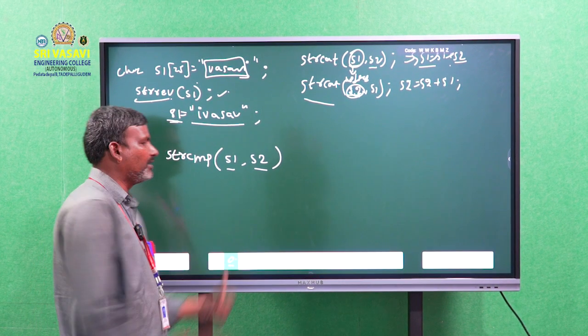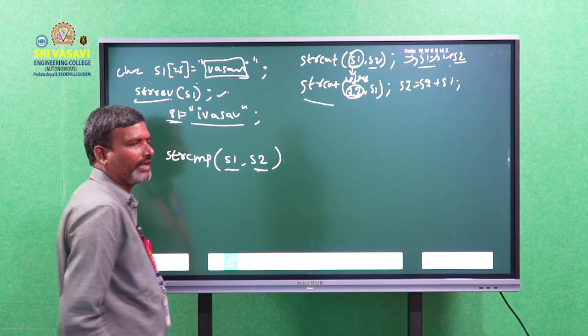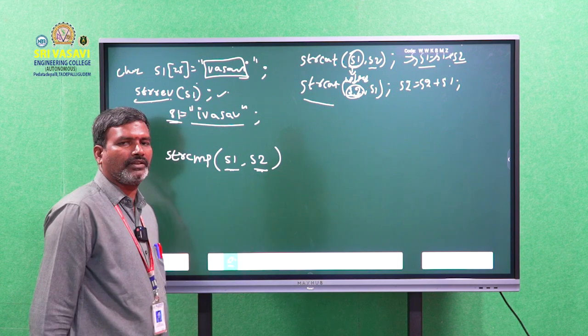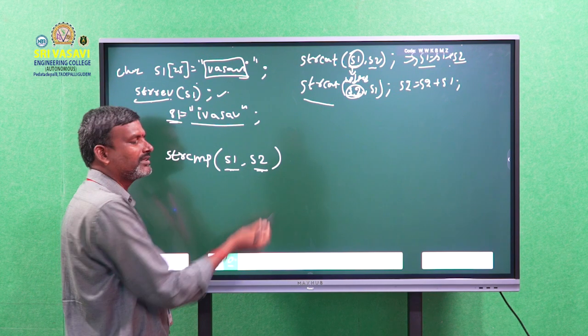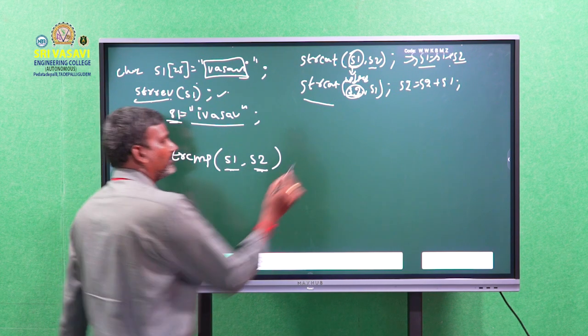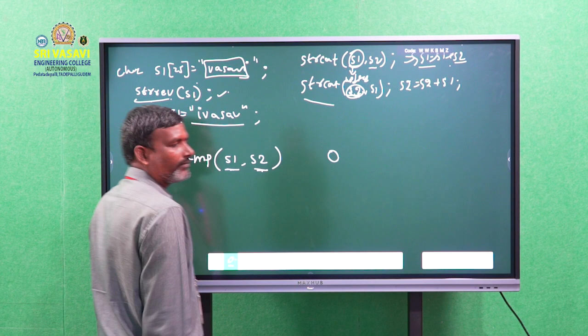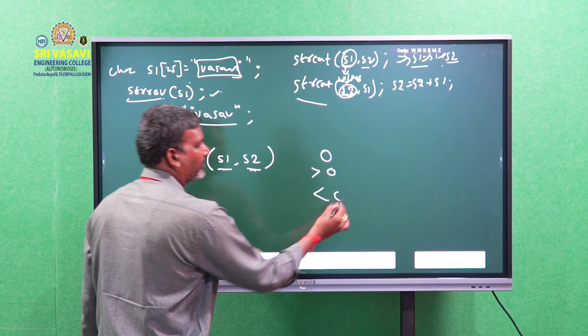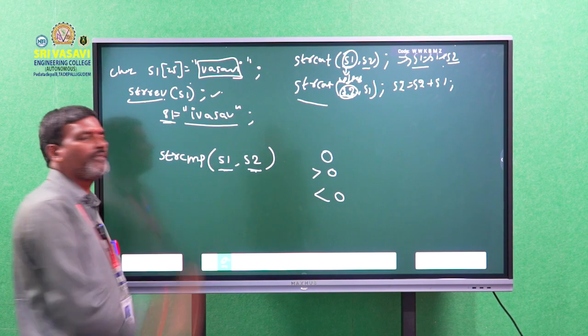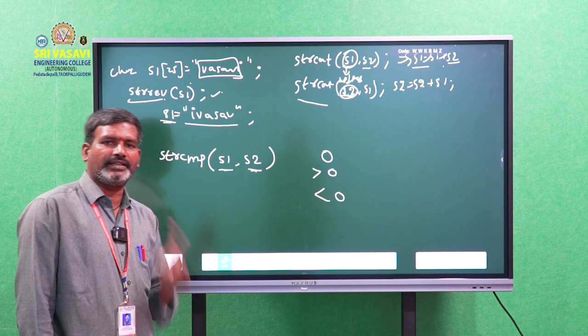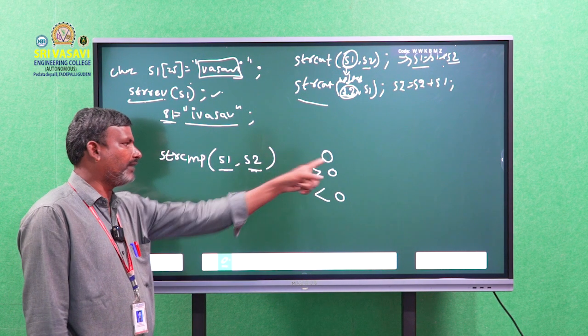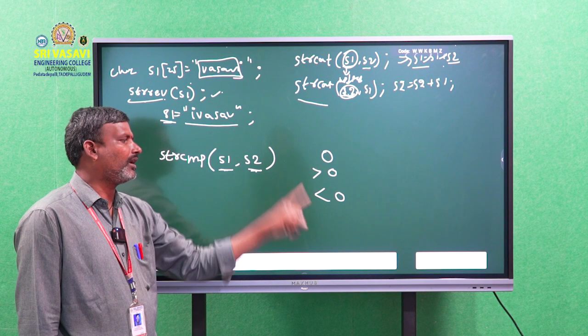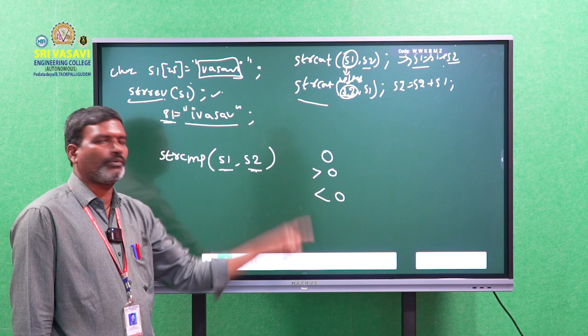These two strings, source string and destination string. It compares these two strings and gives one result, either 0, or greater than 0, or less than 0. The strcmp function returns an integer value: positive value, negative value, or equal to 0.